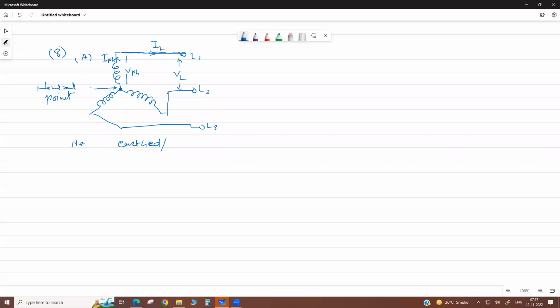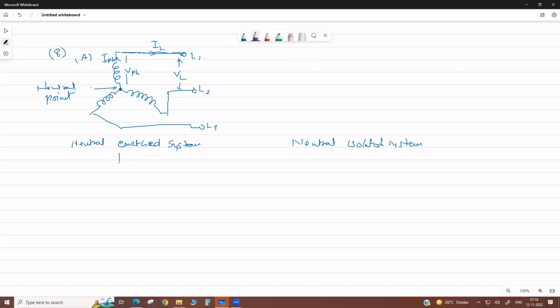We can write here neutral earthed or neutral grounded system. So here, the neutral earthed system and the neutral isolated or insulated system. In the neutral earth system, you can separately draw this neutral point here.